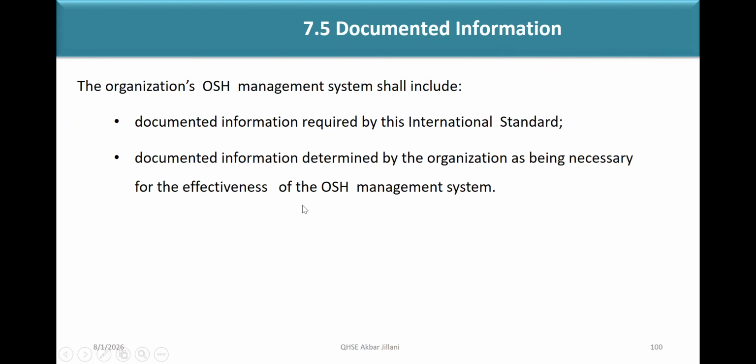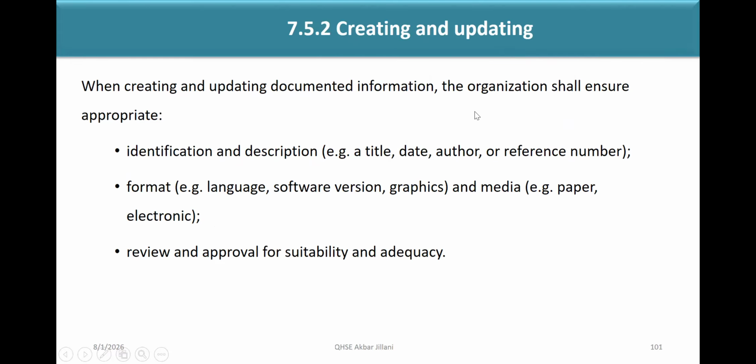Now, documented information. The organization's OHS management system shall include documented information required by this international standard, and documented information determined by the organization as being necessary for the effectiveness of the OHS management system. Now, creating and updating.